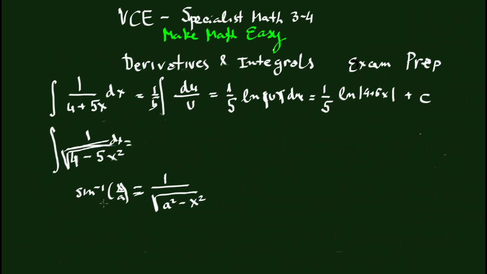So take 5 out of the square root. So we'll have 1 divided by. So let's first keep one step at a time.